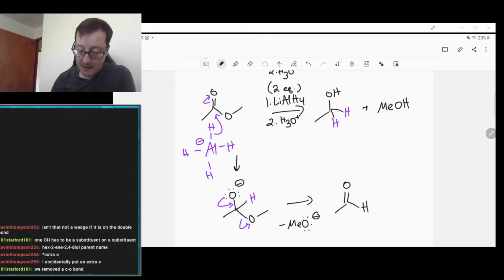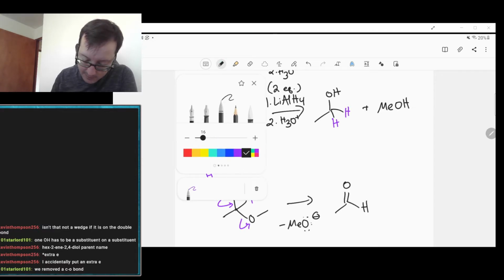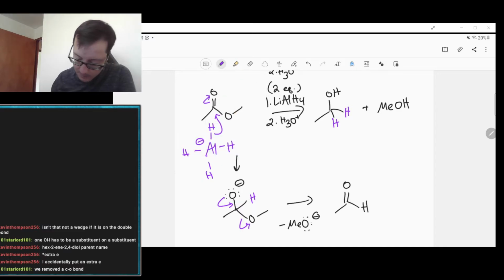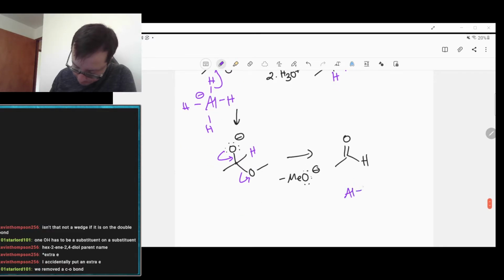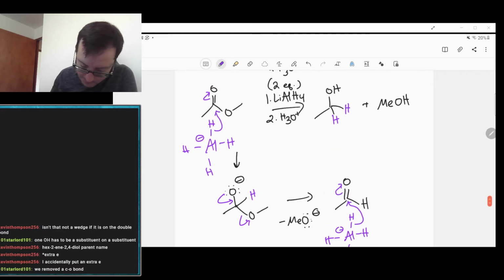And then of course we're going to have another lithium aluminum hydride molecule come along, and it's going to pop that open. I'm sorry, I should be drawing these in purple.